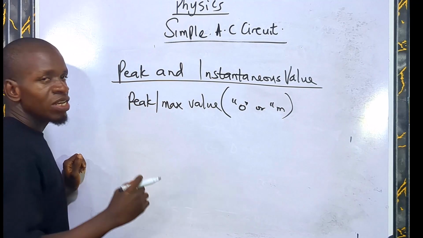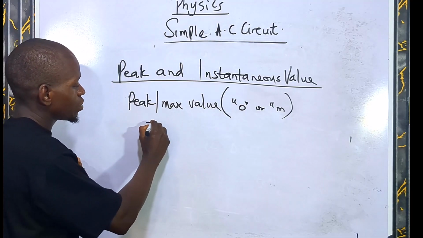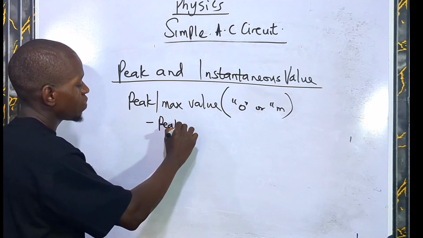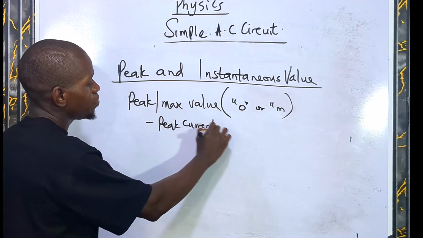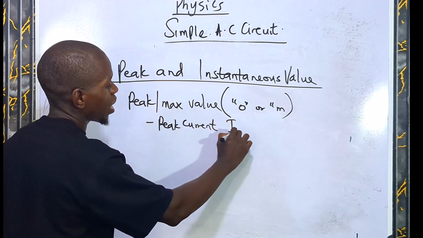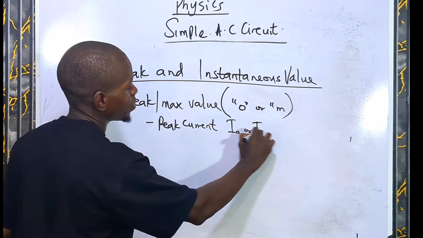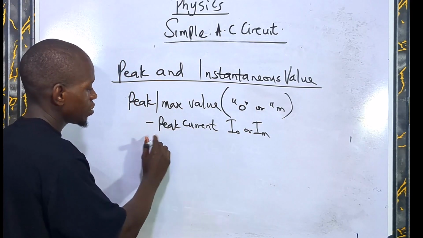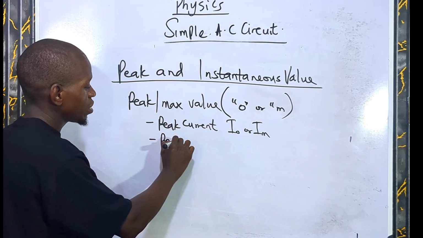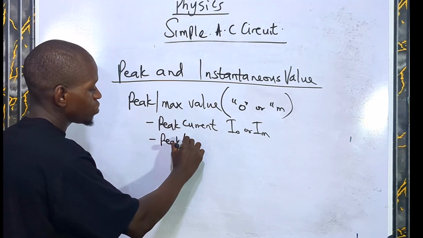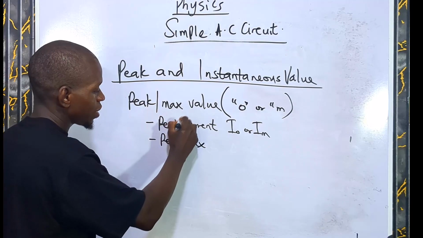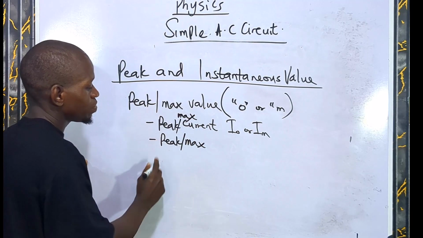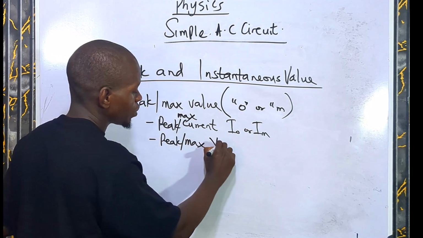So we have peak value, we have peak current, and peak current is represented as I naught, or sometimes you can have it as IM. Then we also have peak or maximum voltage.